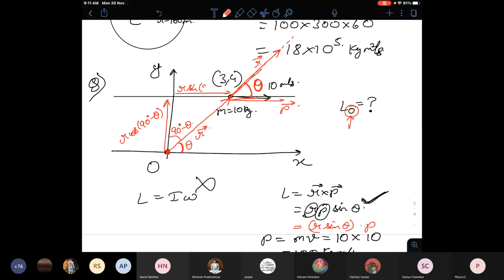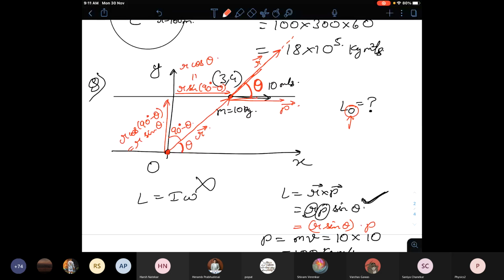R cos 90 minus theta is R sin theta, and R sin 90 minus theta is R cos theta.